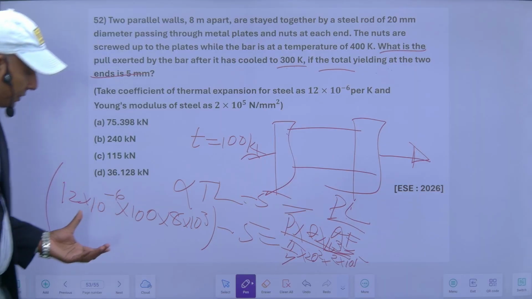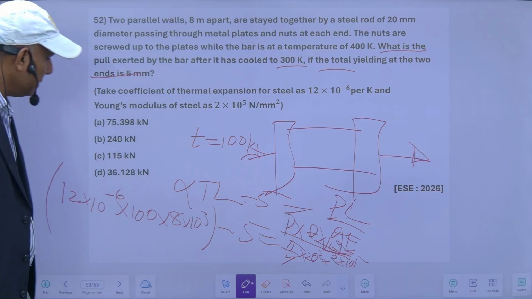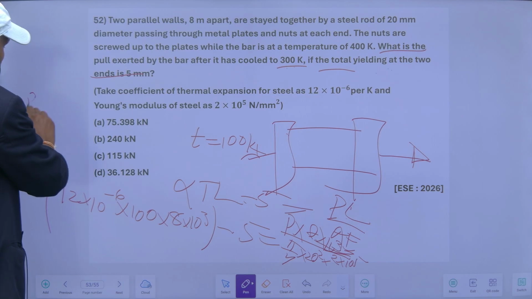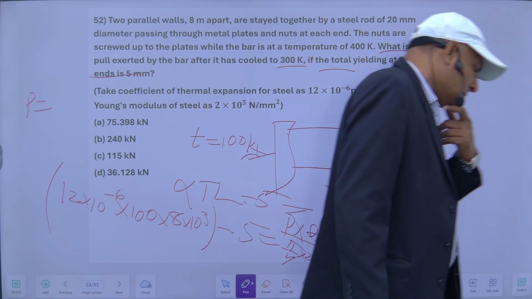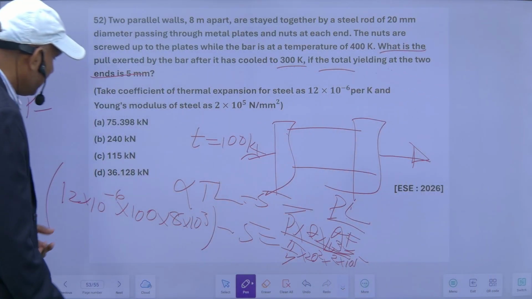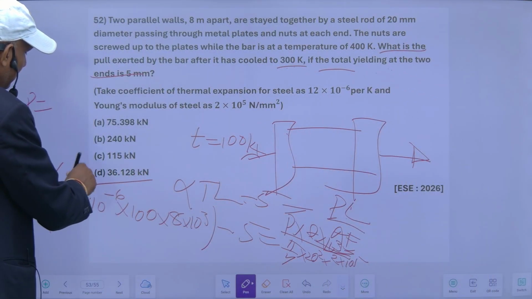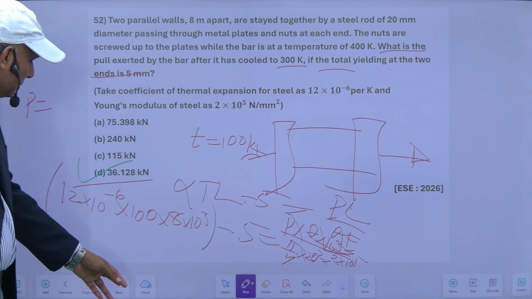So from this equation you can find P. So the value of P, finally after the calculation, will come out to be this one. So this will be the correct answer.